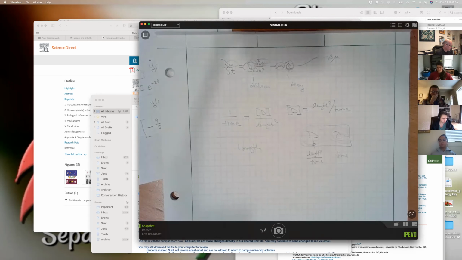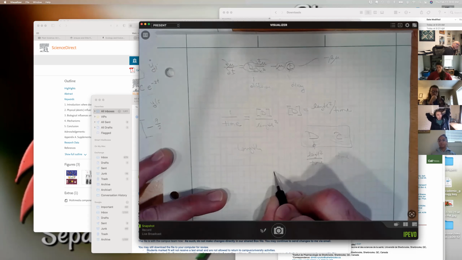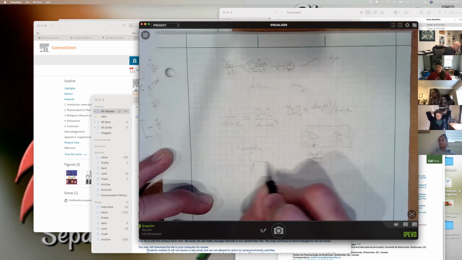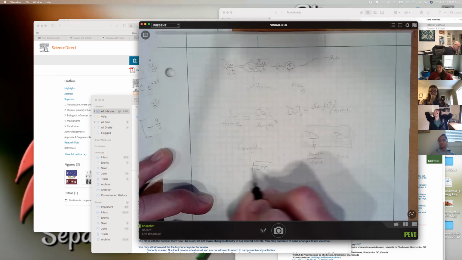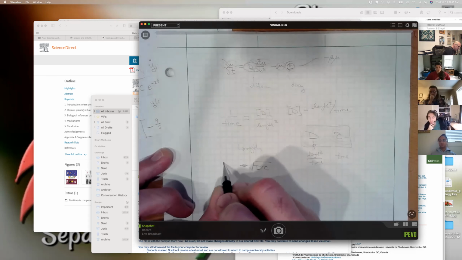If you were to, I'm not sure if this is correct, but if you were to multiply them, that would cancel out the time, and then take the square root, that would produce length. Yeah, that's absolutely right. So this has physical dimensions of length.